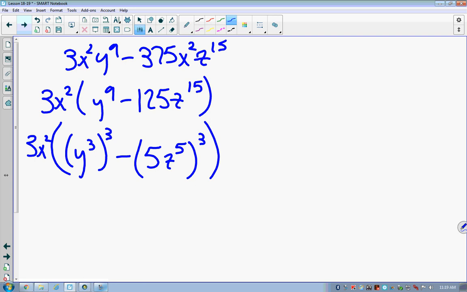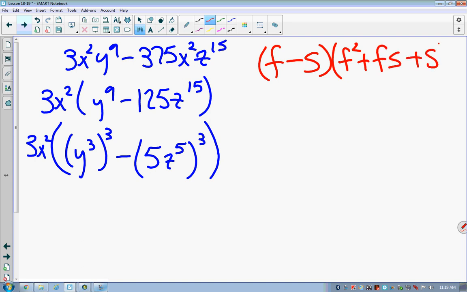Okay. Now, the pattern that we want to follow is going to look like this. It should look like first term minus the second term, and then we want f squared plus fs plus s squared. That's our formula pattern. I believe that you guys saw this in Algebra 2.